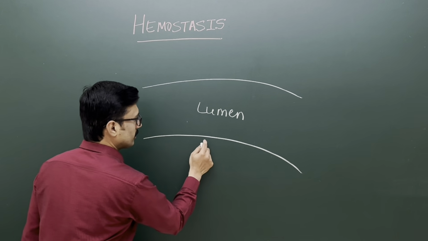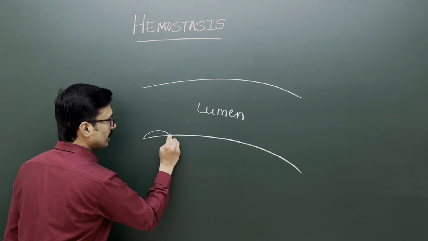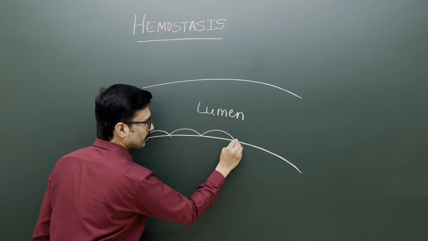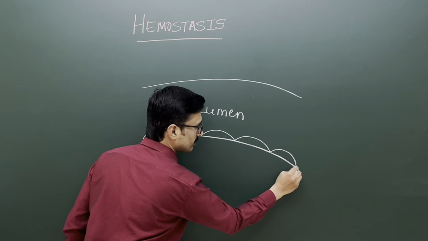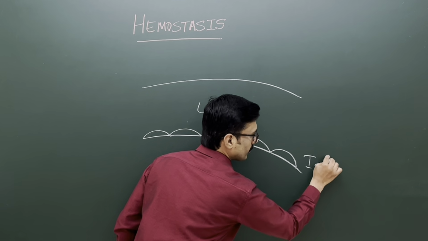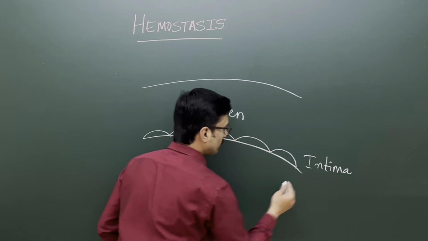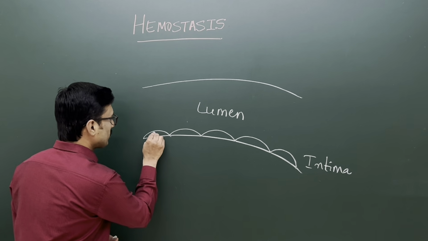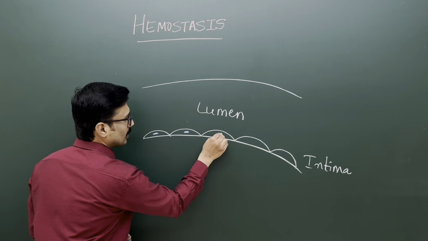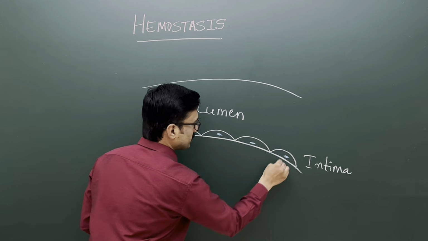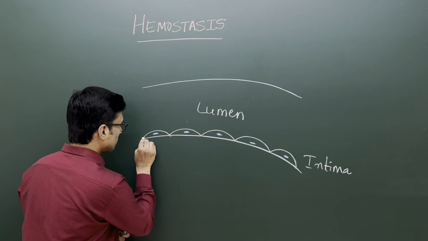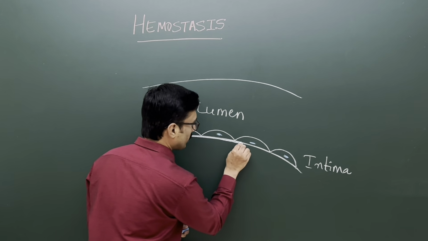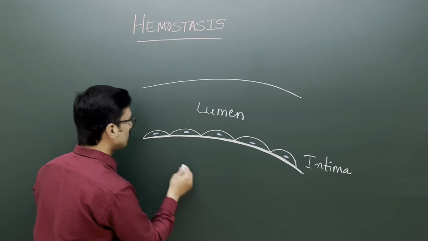Close to the lumen, the first layer is tunica intima, and this tunica intima is made up of endothelial cells. These are flat squamous epithelial cells. They are resting over the basement membrane. So this is the basement membrane for the endothelial cells.